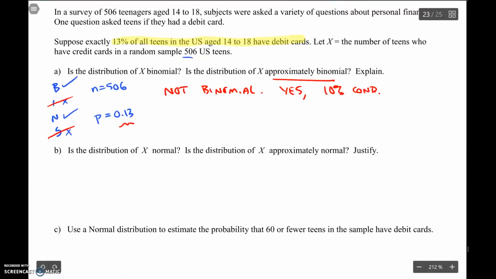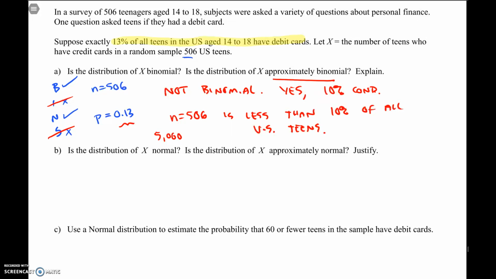So let's justify it. n equals 506 is less than 10% of all US teens. Now, I don't know how many US teens there are, but I know there's more than 5,060, right? And if there's more than 5,060, then this is less than 10% of the population. So although it is not binomial, it is approximately binomial.